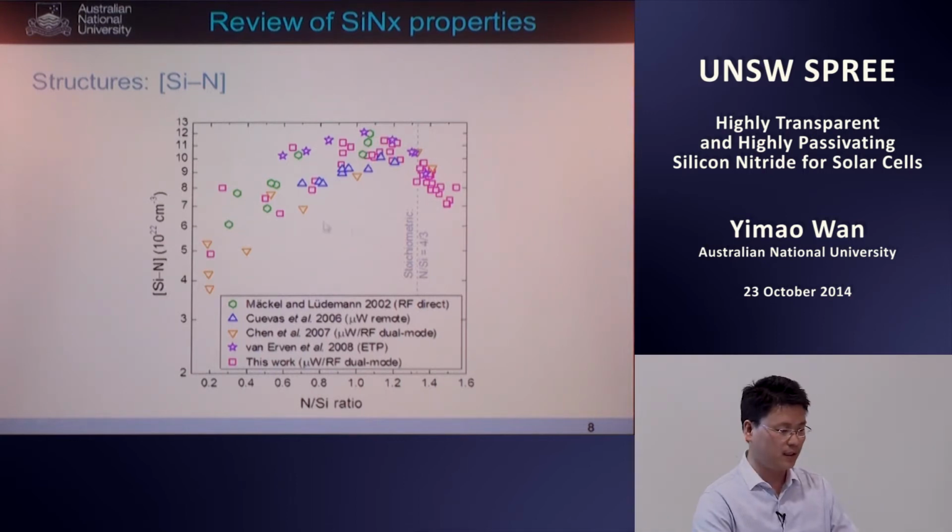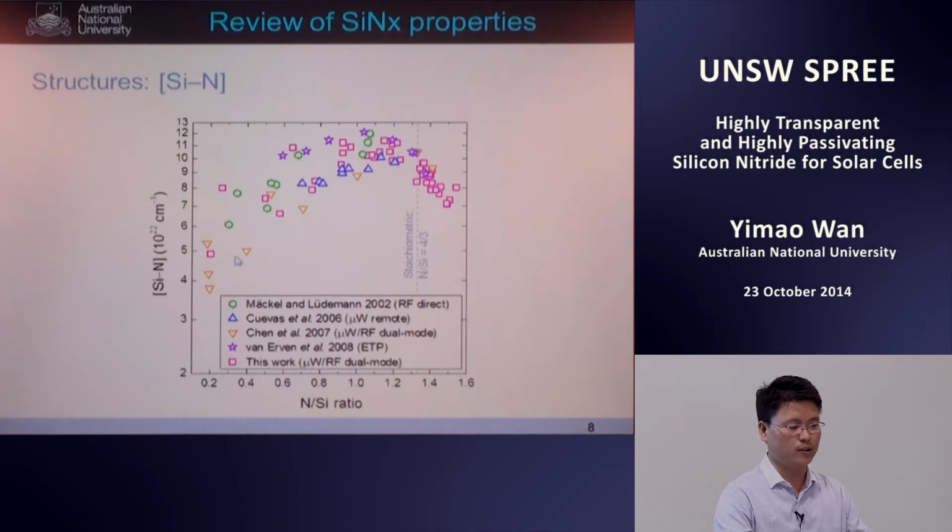As we can see, the bond density shows a general correlation to the atomic ratio, with a peak at a ratio around 1.1. If you calculate the refractive index for 1.1 based on the equation I presented just now, it is around 2.0.